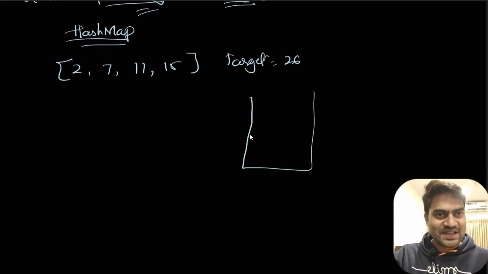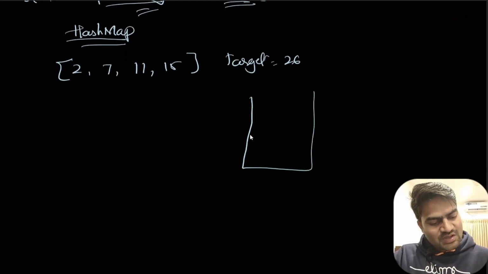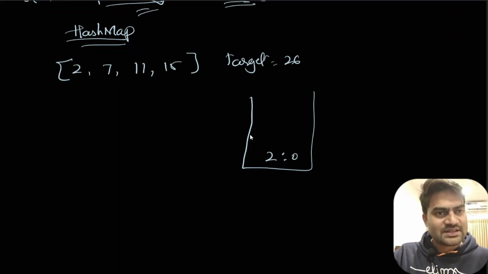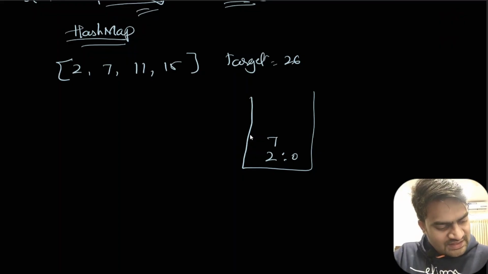First, I will iterate over all the elements and store their index values, because we are interested in the index. So 2 has index 0, then 7 has index 1, 11 has index 2, 15 has index 3.